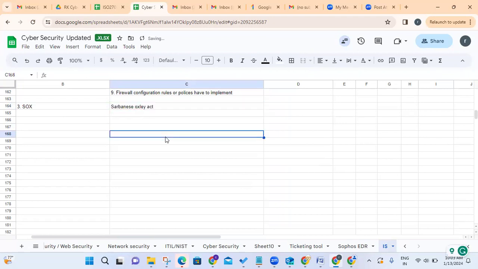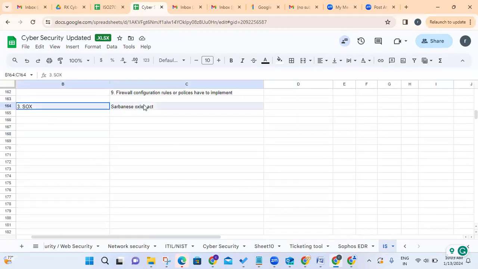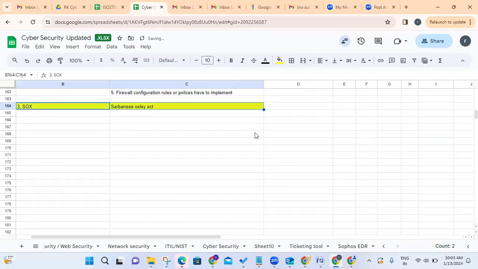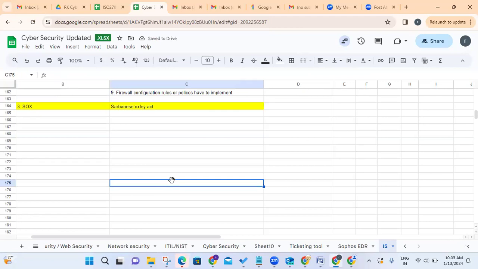Sarbanes-Oxley Act. This one was implemented in 1986 and updated in 2002 and 2004. So the difference between Sarbanes-Oxley Act and PCI DSS is only one. PCI DSS is dedicated to credit card and debit card transactions only.